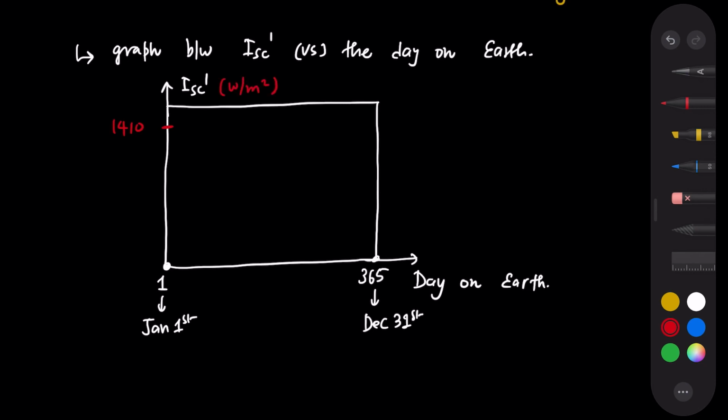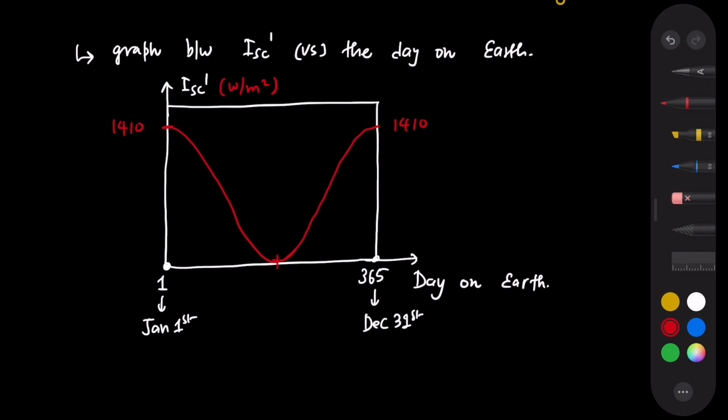If you want to cross check, you can calculate this value by putting n equal to 1. Okay, and as n increases, this value decreases and it hits the bottom value and it again increases up to this value 1410 again, which is 31st December.